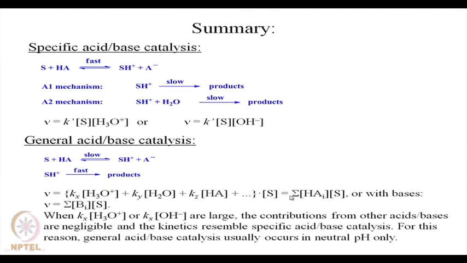So it is basically a sum over various concentration terms. Now, when the concentration of H3O plus or OH minus is large, the contribution from other acid bases is negligible. That means, in general acid base catalysis, the overall velocity of the reaction is proportional to the contribution from H3O plus, plus the contribution from water, and also from HA, that is from the acid.